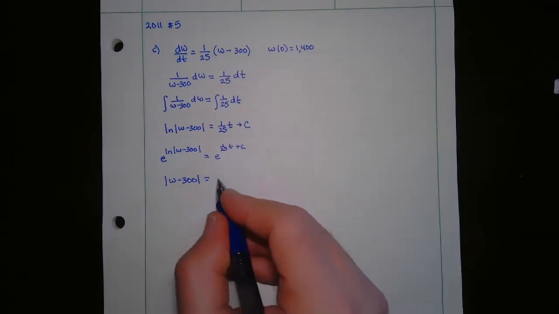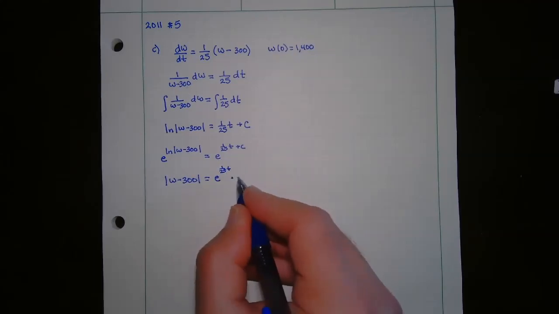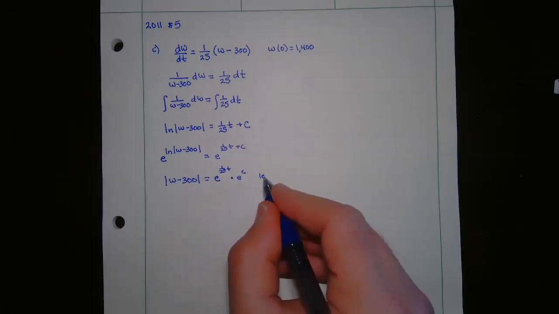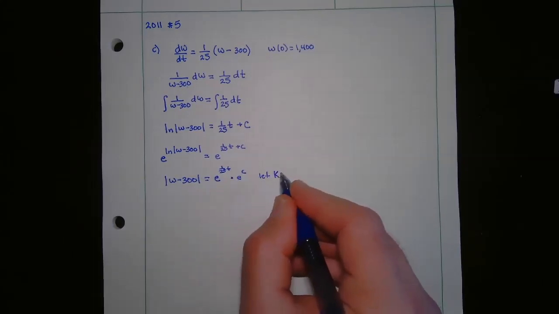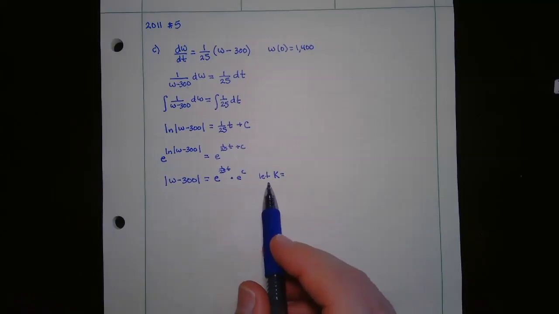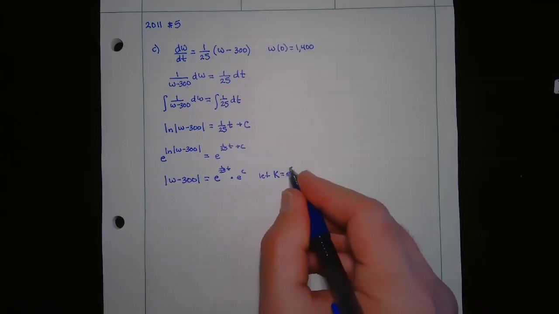So this is rewritten as e to the 1 over 25 t times e to the C. Here's where, as we did before, I let this be a whole new constant. I'm going to let K, or it could be A or any other letter. I wouldn't use e or W or t, but you could use any other letter. I'm going to call it K, and I'm going to let K equal e to the C.